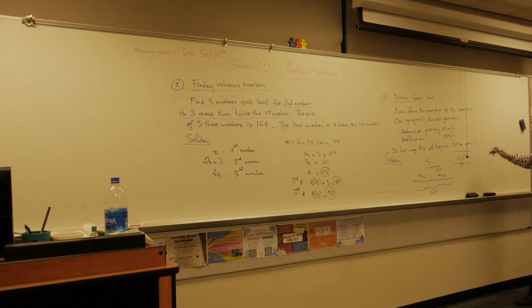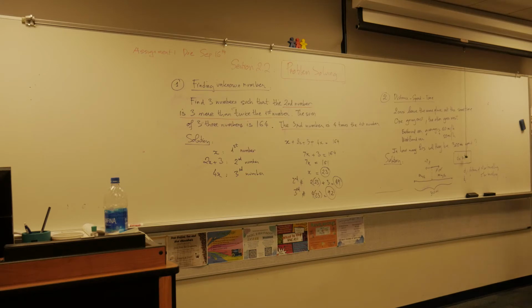So over here we can write D1 to represent the distance of the first car traveling, and D2 to represent the distance of the second car traveling.